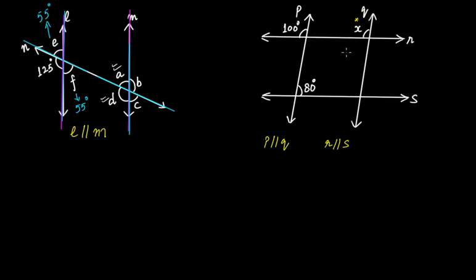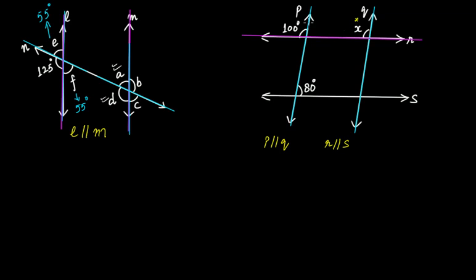Now, focus on these two lines, that is this line and this line, two parallel lines, and then this is a transversal for these two parallel lines, right? Now, this angle 100 degree and this angle X, these are actually a pair of corresponding angles, right?